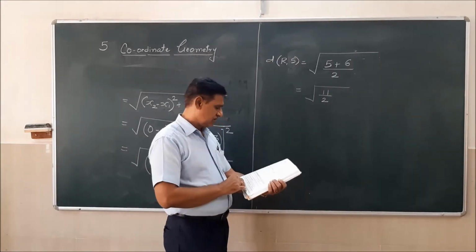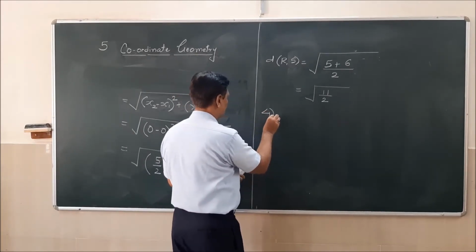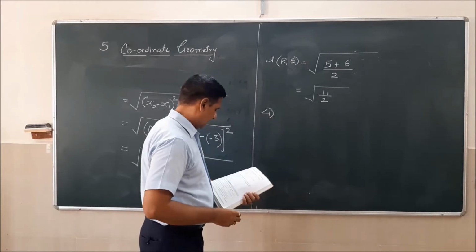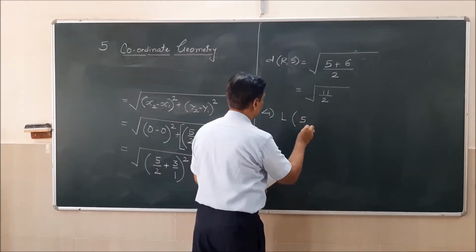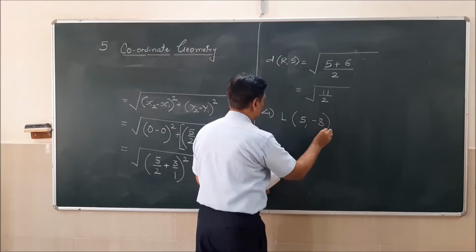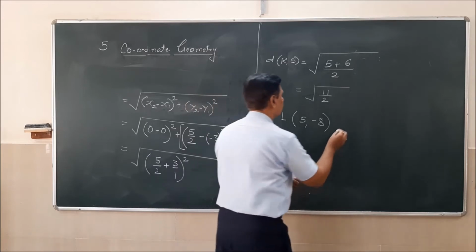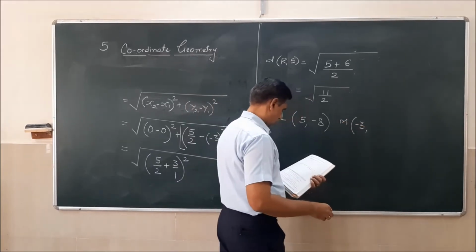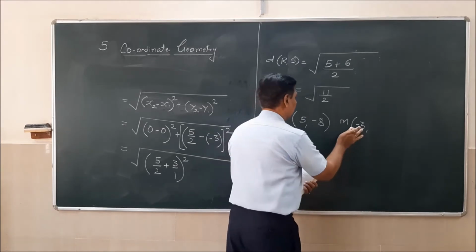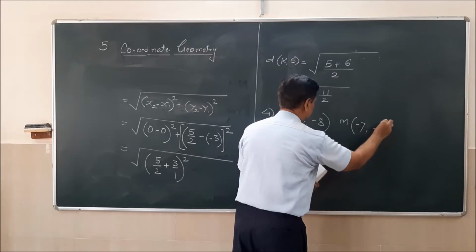Now let's proceed to the next question, that is the fourth one. In the fourth one, the coordinates of L are (5, minus 8), while the coordinates of M are (minus 7, minus 3).